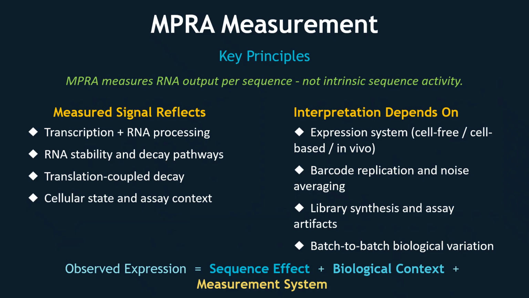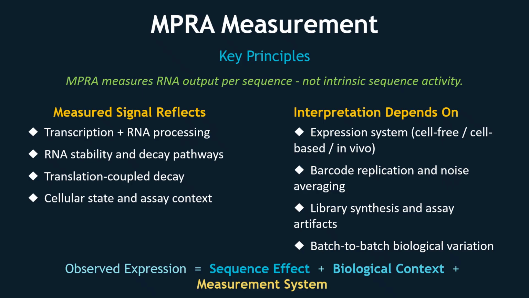Let's summarize. We already understood that MPRA doesn't directly measure intrinsic sequence activity. It measures RNA abundance produced by each construct under specific biological conditions.